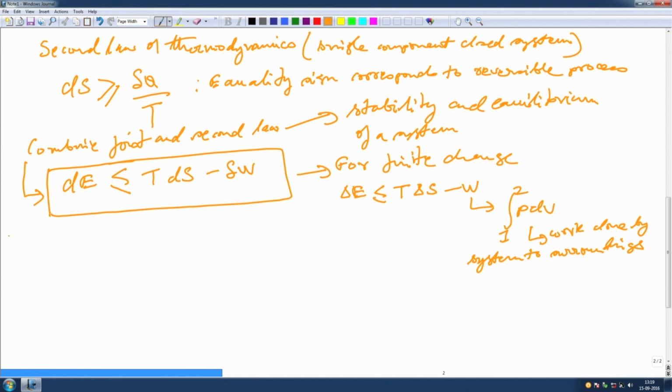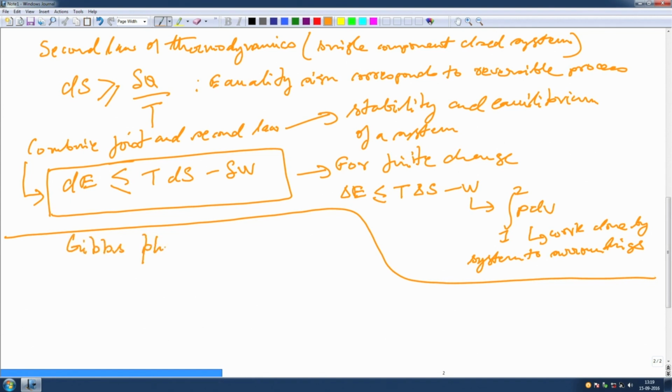Now, let us look at one more important parameter over here, which is basically called the Gibbs phase rule. Now, what is Gibbs phase rule?